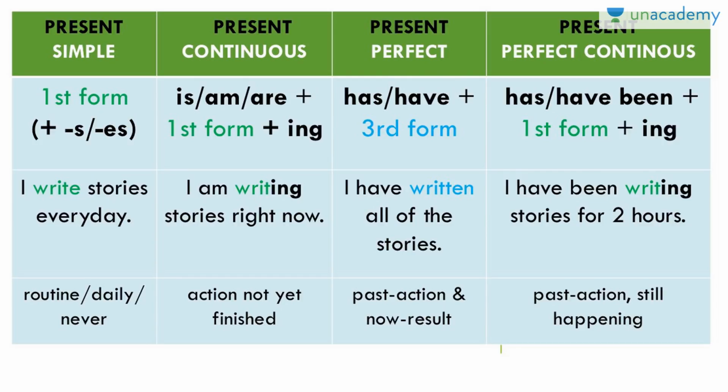An example of this tense would be the sentence, I have been writing stories for 2 hours. Generally, you'll also give a duration in the perfect continuous tense. So the action has started in the past and it is still happening, it is still continuing. That's why it's called the present perfect continuous tense.